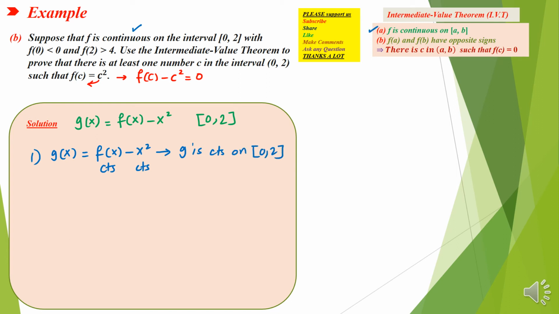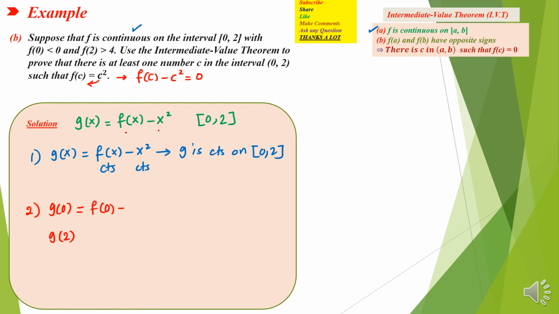So the first condition is satisfied for the function g. Now the second condition is you have to check what is g of the endpoints, g of 0 and g of 2.